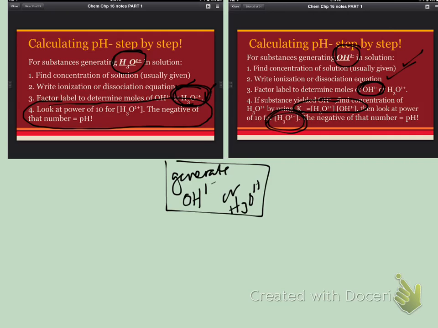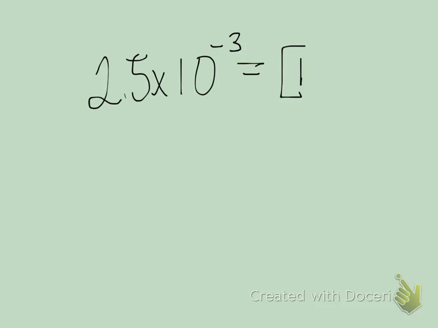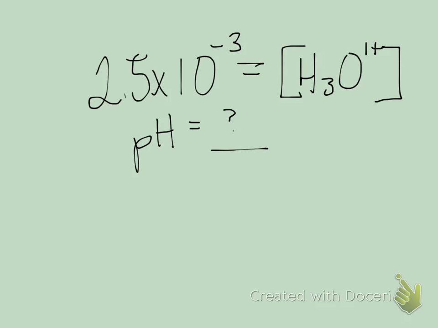So, what if we have something that has a concentration of hydronium ions like that? I'm going to tell you that 3 is not the pH here. What do we have to do?